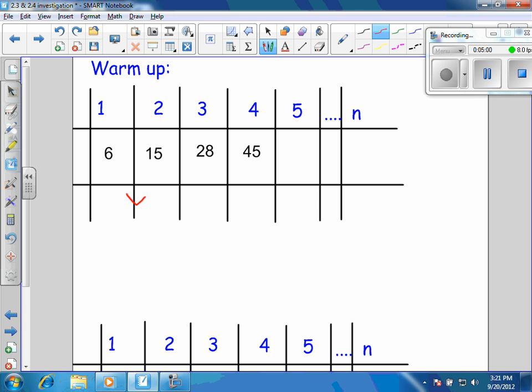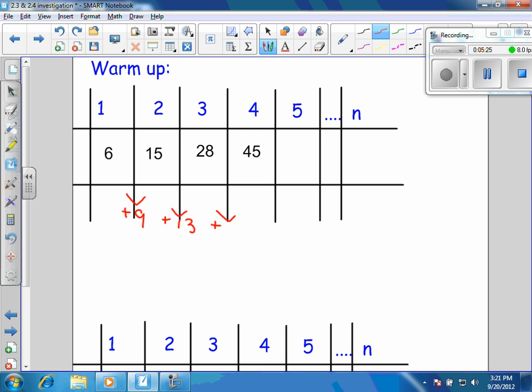So if I check these, Sky, when you subtract, what do you get? Great mark. 9. Okay. And then Maddie, how about here? 13. Okay. And then how about here?